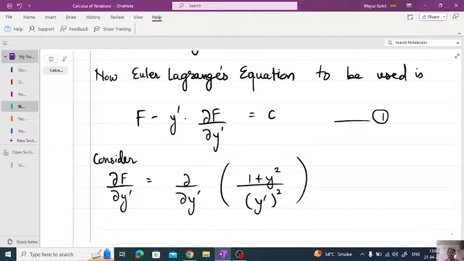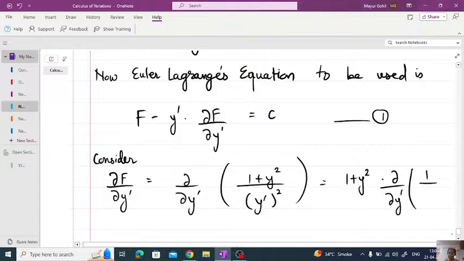Okay. So over here 1 plus y square is constant. The derivative will operate only on 1 upon y dash square.